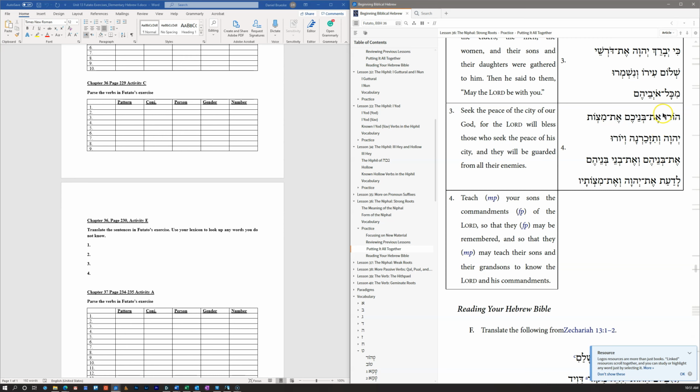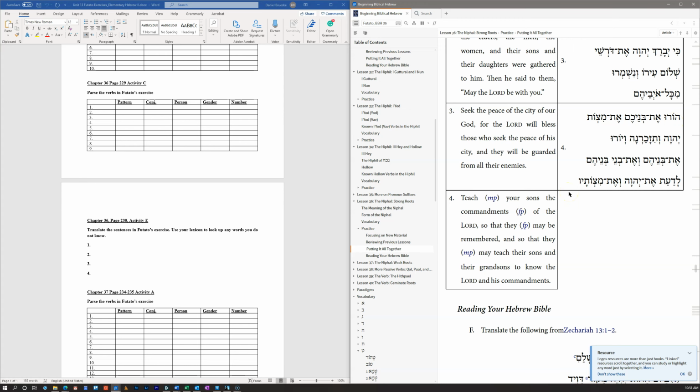I do think that this could be either Niphal perfect 3CP or Niphal imperative 2MP, but it's certainly here in context imperative.